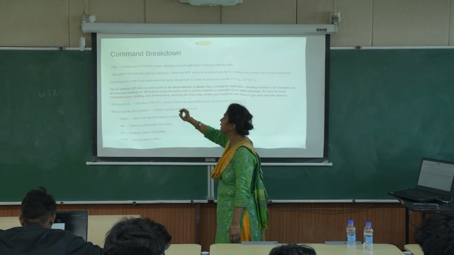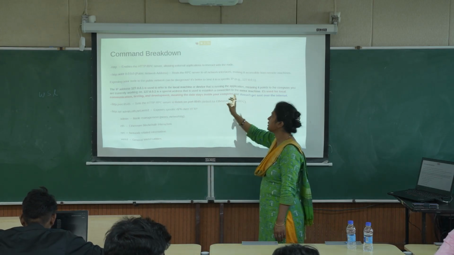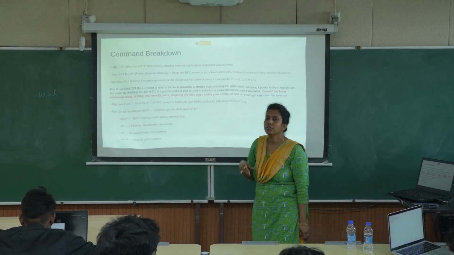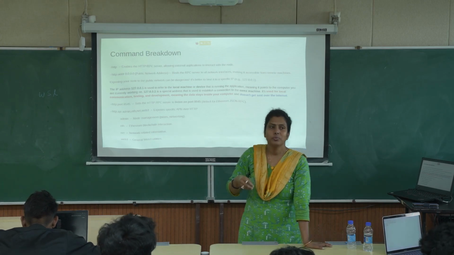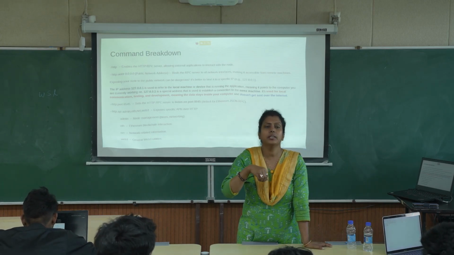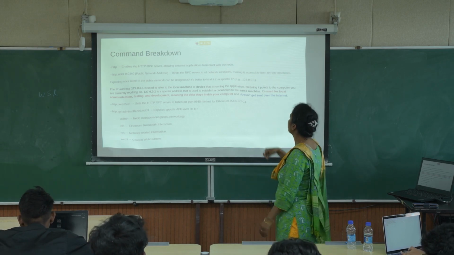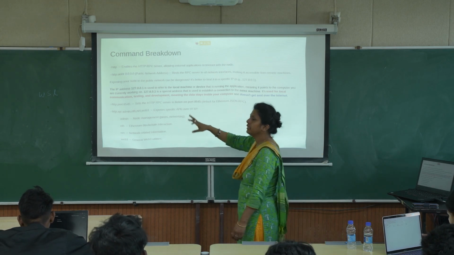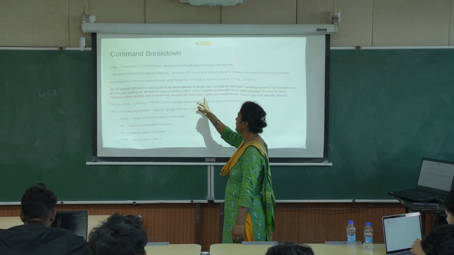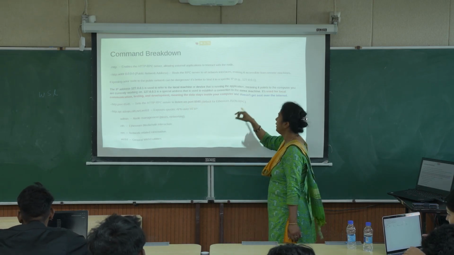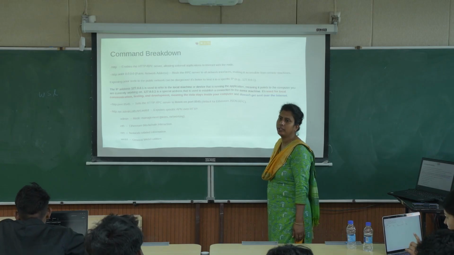It is a special address used to establish a connection to the same machine. So I am connecting to my own machine only. It is used for local communication, testing and development, meaning the data stays inside your computer and does not get sent over the internet.